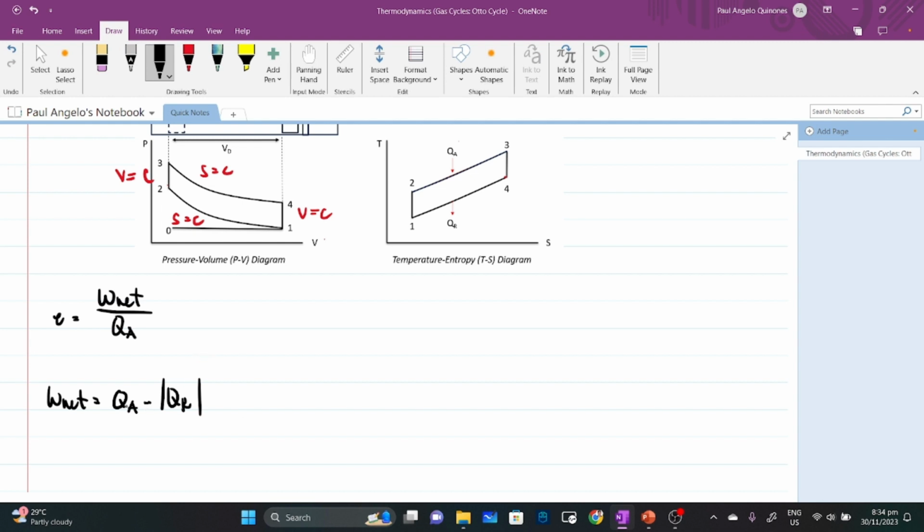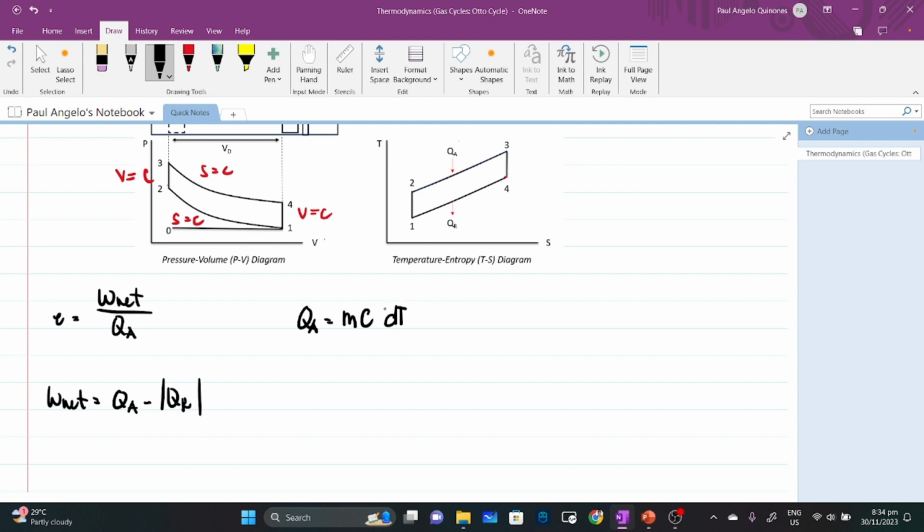Next, let's analyze QA. It is said that it occurs in a constant volume process. If you recall, what is the equation of heat? The equation of heat, QA, is equal to MC delta T, or the changes in temperature.